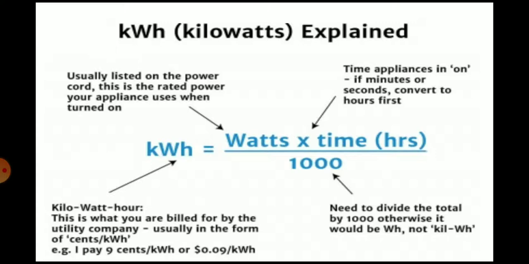Time is how long the appliance is on. If given in minutes or seconds, convert to hours first. This is the explanation of kilowatt hour. Kilo means 10 raised to power 3, watt means unit of power, hour means 3600 seconds.